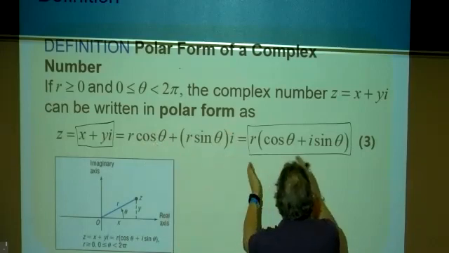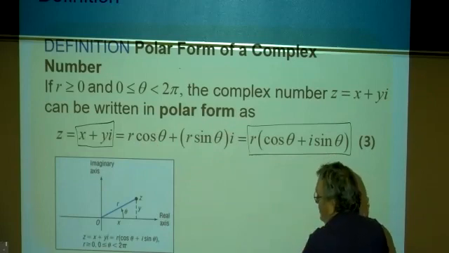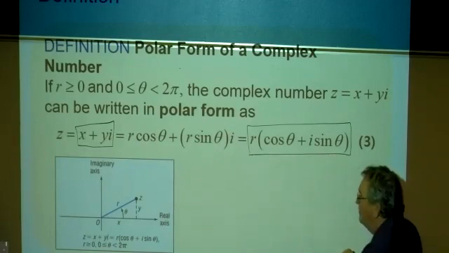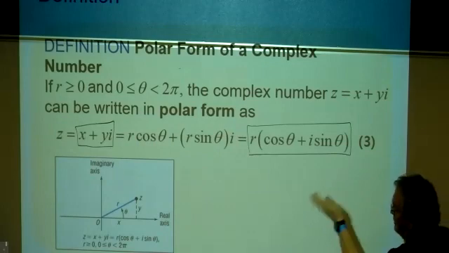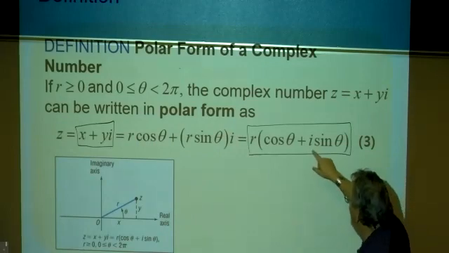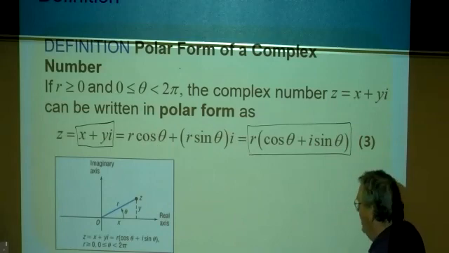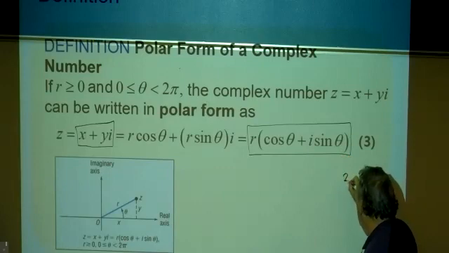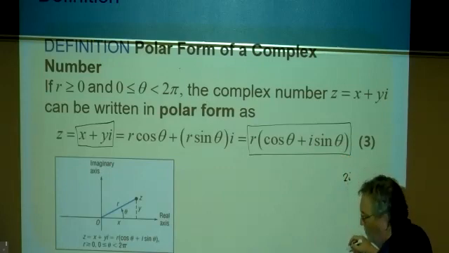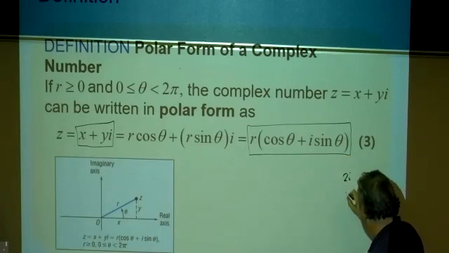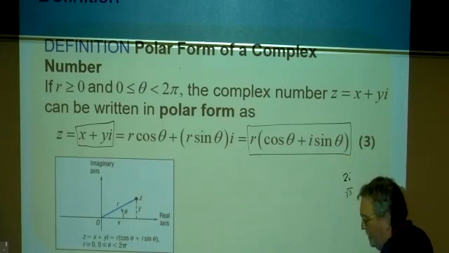And then they did algebra to get it to look like this. We factored out the r and we just shifted the i to in front of the sine instead of after the sine. And that's something you do with i. If I'm multiplying i by a whole number or a decimal number or a fraction, we write it that way. But as soon as it's something else, like square root of 3i, we don't write it square root of 3i.